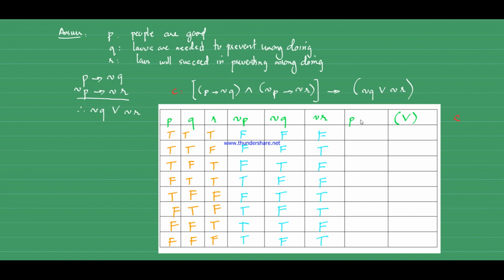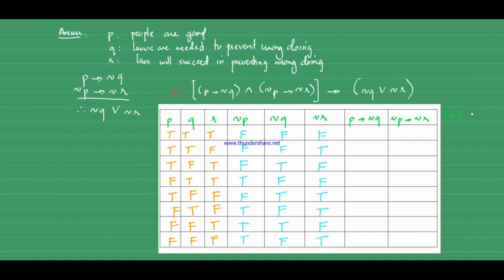P imply negating Q. Okay, then over here I do negating P imply negating R. Then we will have conjunction inside the bracket.